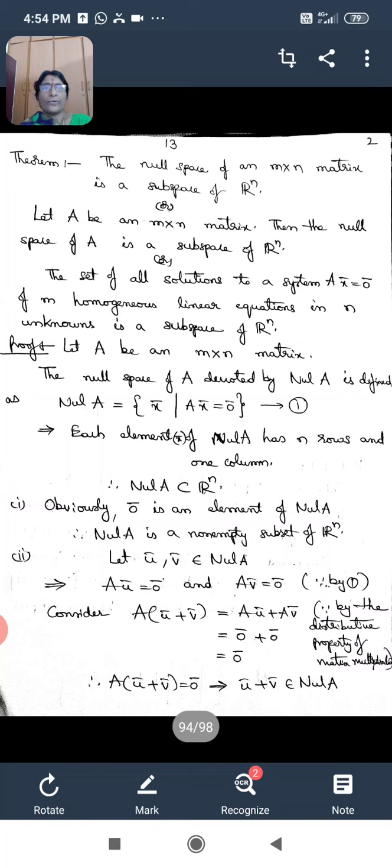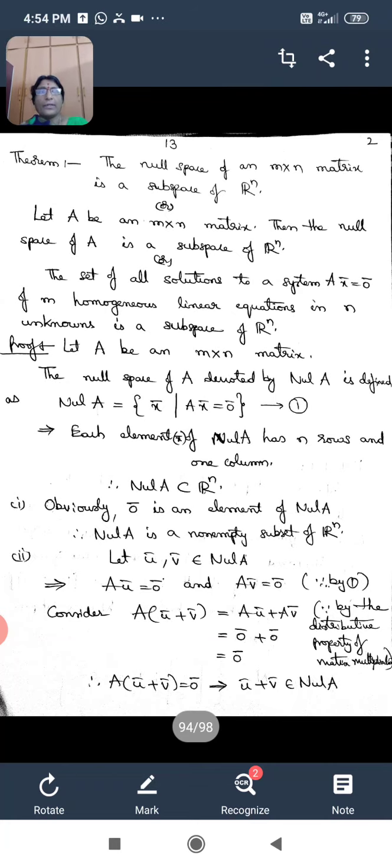This system consists of m homogeneous linear equations, and all these equations are in n unknowns.